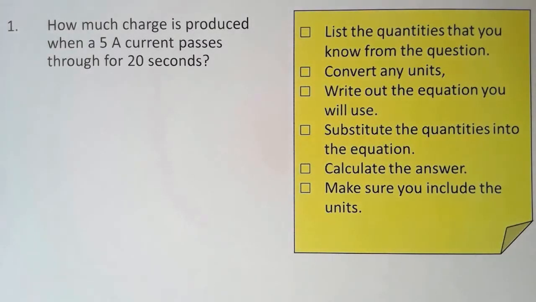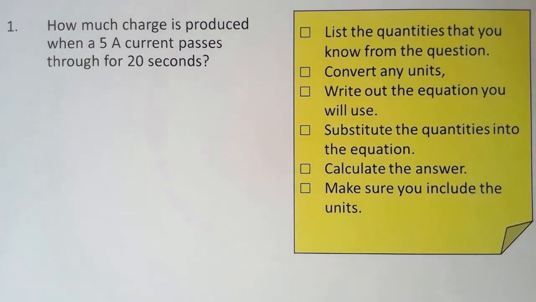We're going to work through a couple of worked examples, and I'm going to introduce you to this checklist. This checklist is essentially the steps I would like you to take whenever you answer a question such as this in an examination. So, we're going to go through it slowly. Number 1. How much charge is produced when a 5 amp current passes through for 20 seconds?